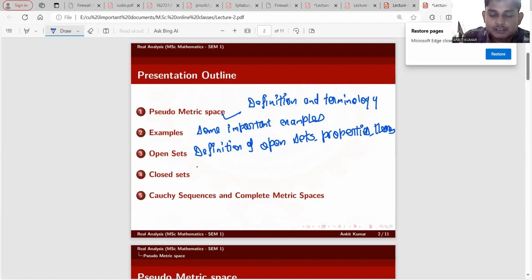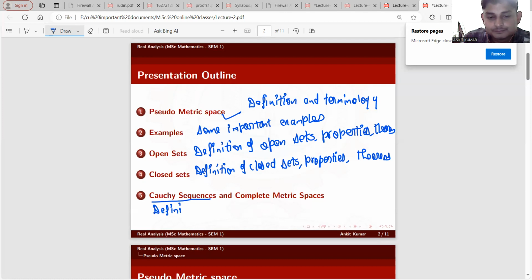Similarly, closed sets, definition of closed sets, properties and theorems. Next, what is the Cauchy sequence? Definition and theorems.